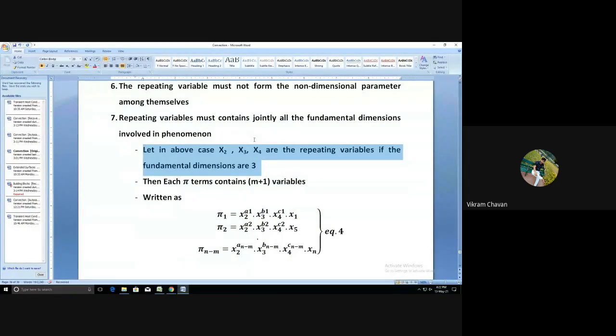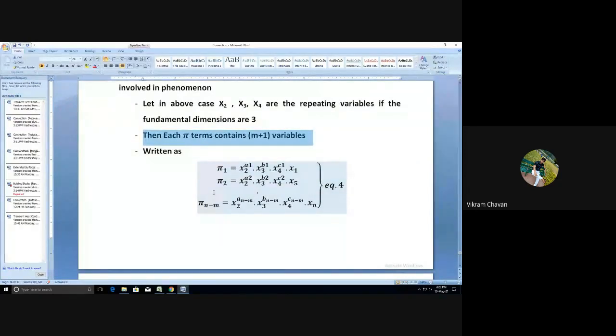Then each pi term contains m plus 1 variables, and these pi terms can be written as pi 1 is equal to x2 raised to a1 multiplied by x3 raised to b1 multiplied by x4 raised to c1 multiplied by x1.